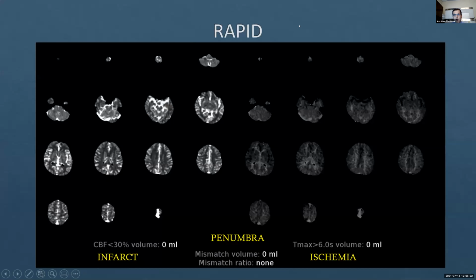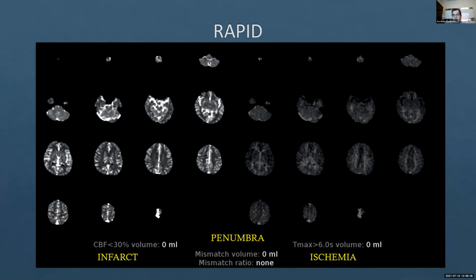This is software we call RAPID, which we use to automate this. It's going to give you three important things. There's something called cerebral blood flow, the CBF. If it's decreased enough, less than 30% of what it should normally be, meaning it's more than 70% lower, they call that dead tissue, infarct. Then there's Tmax, time, elevated.